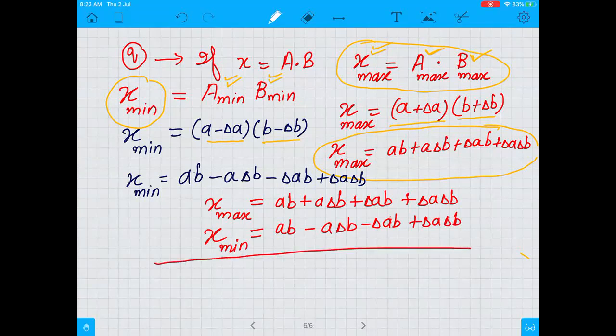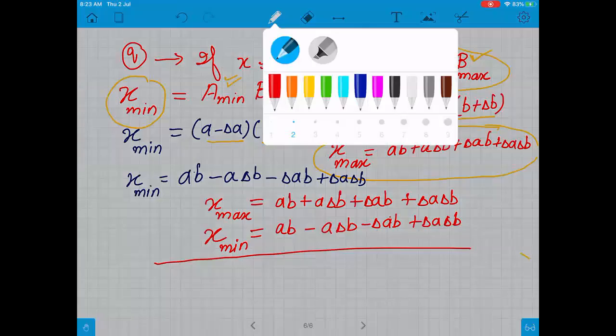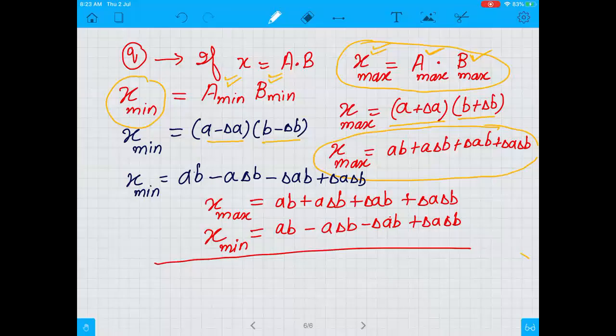Now, if you want to calculate the range of values of x, then you have to subtract the minimum value from the maximum value. And the method to subtract is to change the signs of the second expression. A positive sign will become negative, a positive sign will become negative, a negative sign will become positive, a negative sign will become positive, and a positive sign will become negative.